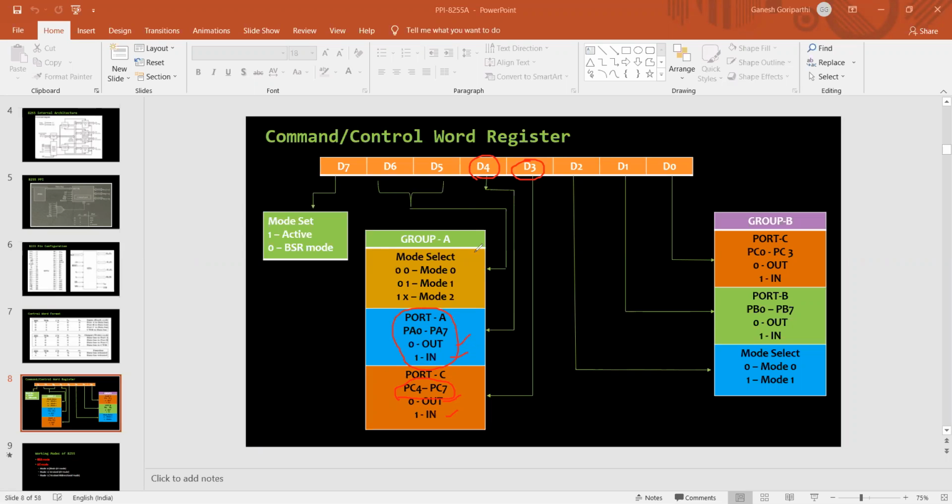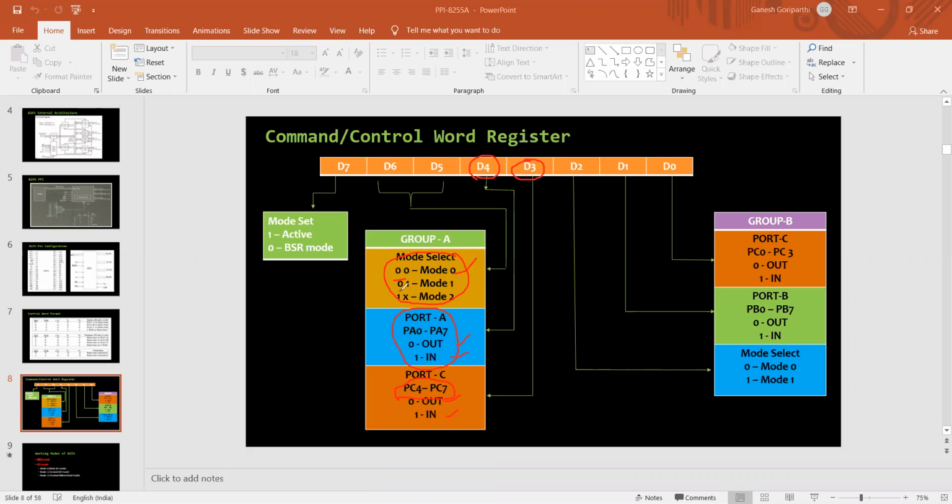And similarly, these D6 and D5 bits decide the mode of operation of this group A. If both are 0, then it operates in mode 0.